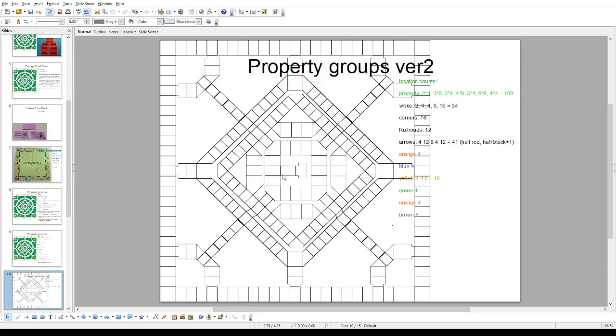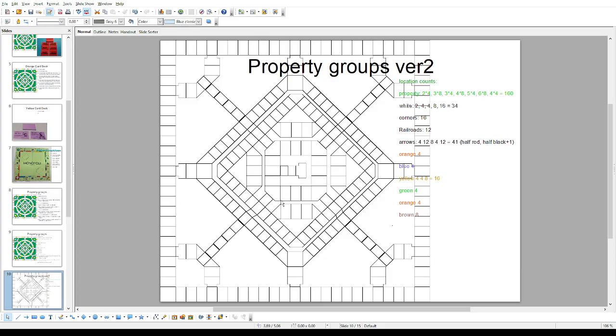Actually, you know what? I really don't like that, now that I think about it again. That's something to think about more later. That is something I hadn't pondered before. I do want these spots to be railroads. Anyway, you know what?